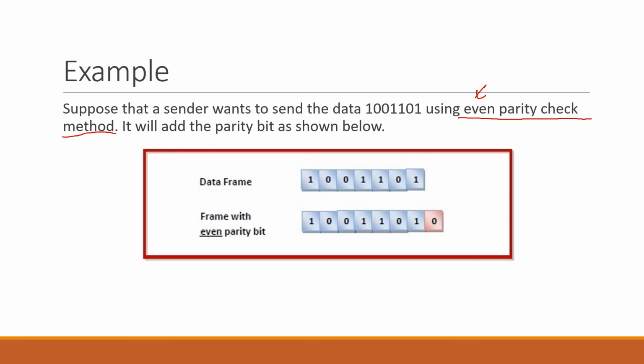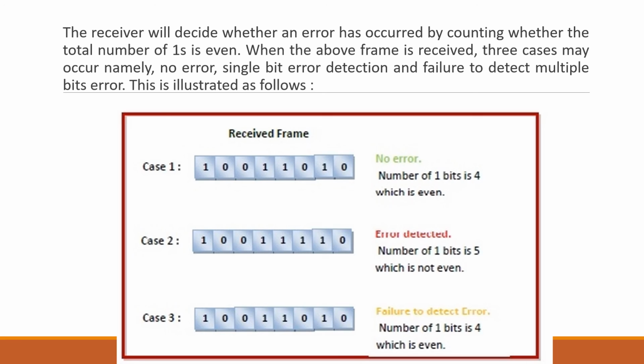How many 1s are here? Let's count: 1, 2, 3, 4. It's already an even number of 1s. So using the even parity bit, you need to add 0, because the number of 1s needs to be maintained at 4, an even number. All right, this is the solution.